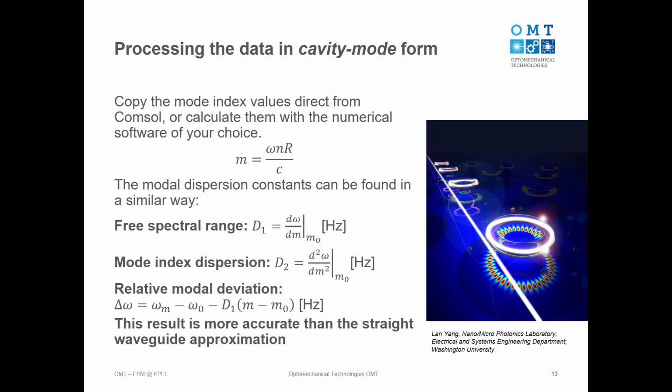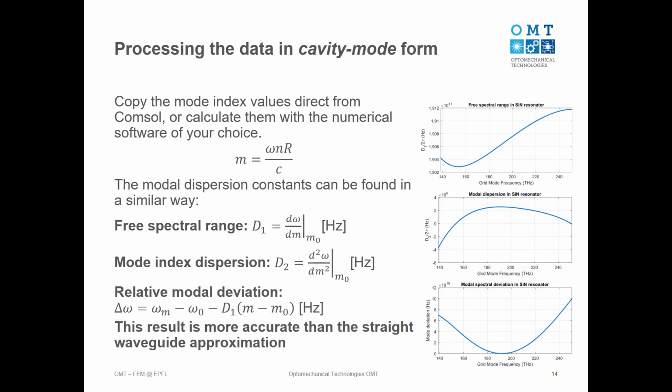And to get an overall picture of whether modes are matched or not, you can take the overall mode spectral function and take away your pump mode and the FSR function. That will give you your deviation of modes from the pump frequency.